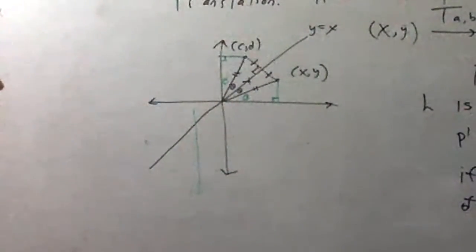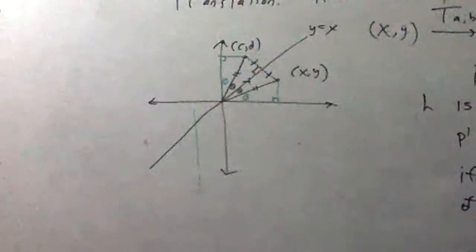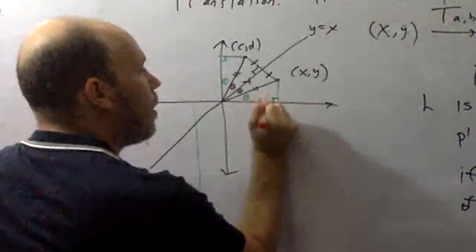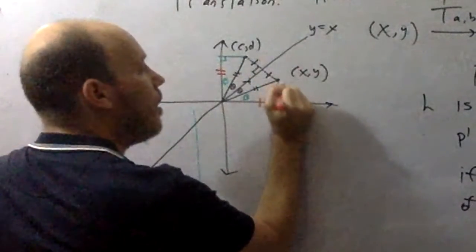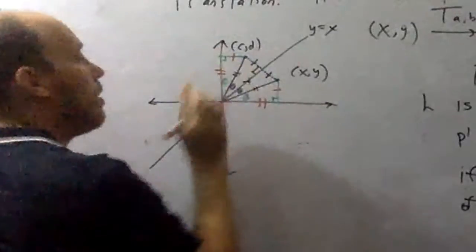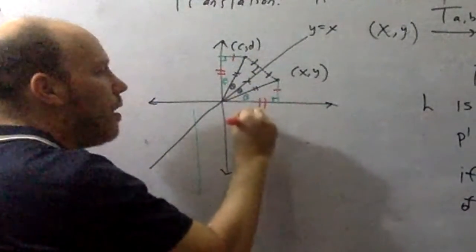What's congruent to what? Well, let's see. We know that this is congruent to this, and we know that this side is congruent to this side. Well, let's see. This double is x.